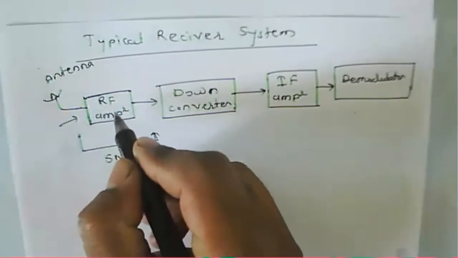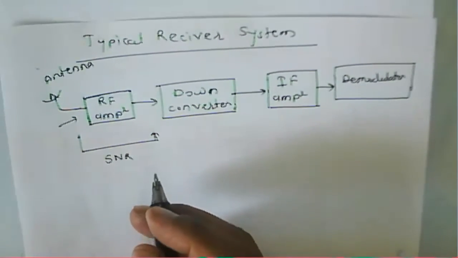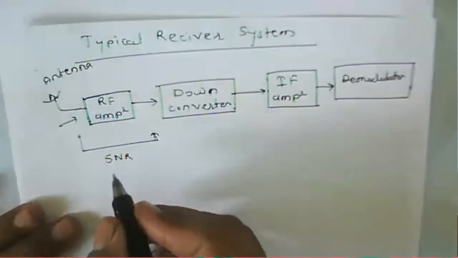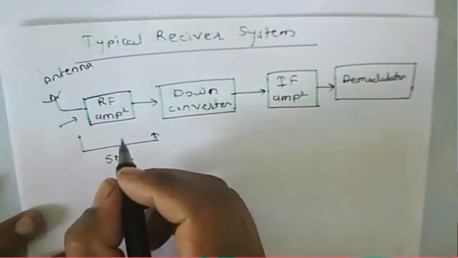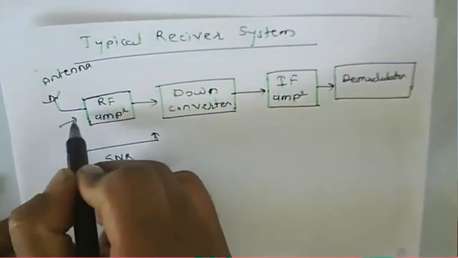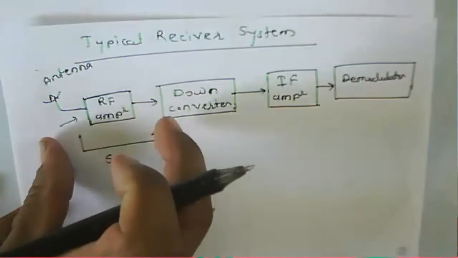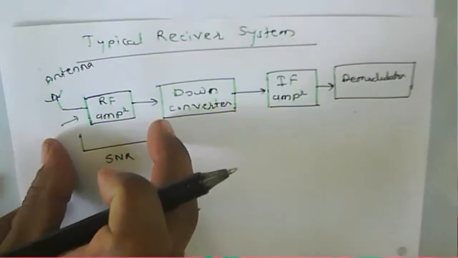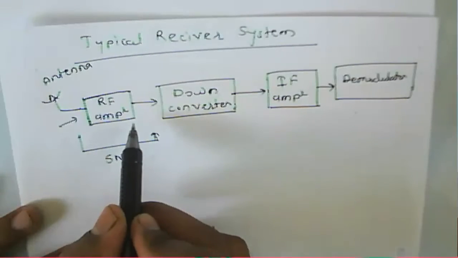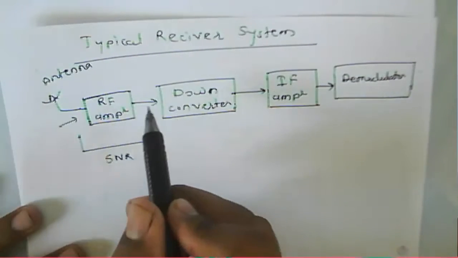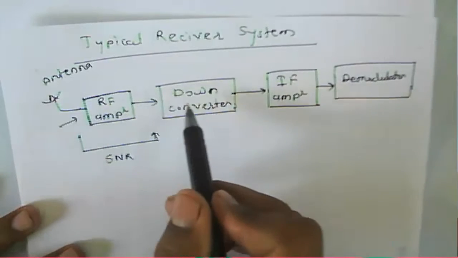So to get the noise removed, we need to remove the noise at this RF amplifier itself. If we are not able to remove the noise at this RF stage, then that noise will propagate through all the components.